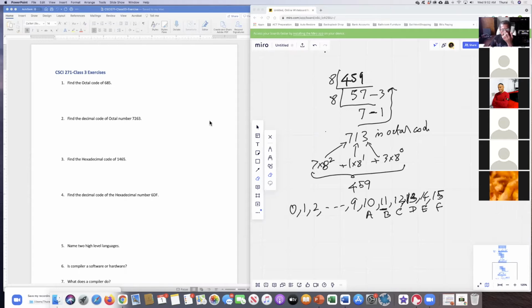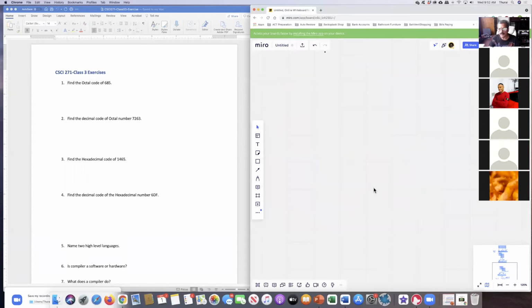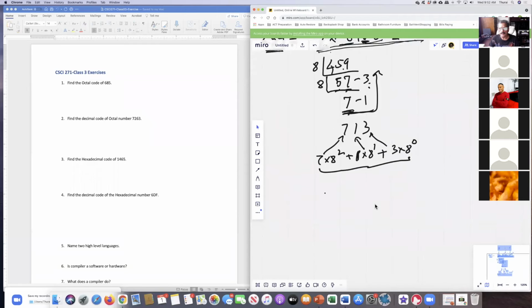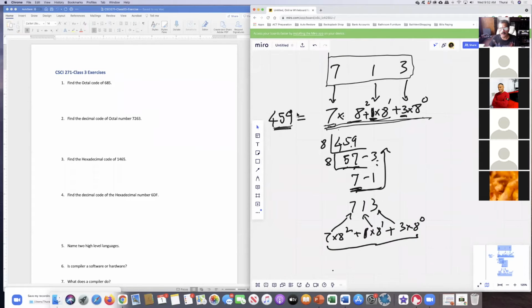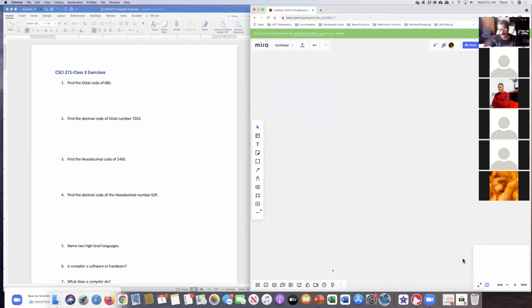All right. Before we do that, we're going to get ourselves prepared for a slightly better way to handle all this. This whiteboard I'm using here allows everybody participating in the class to share the board.